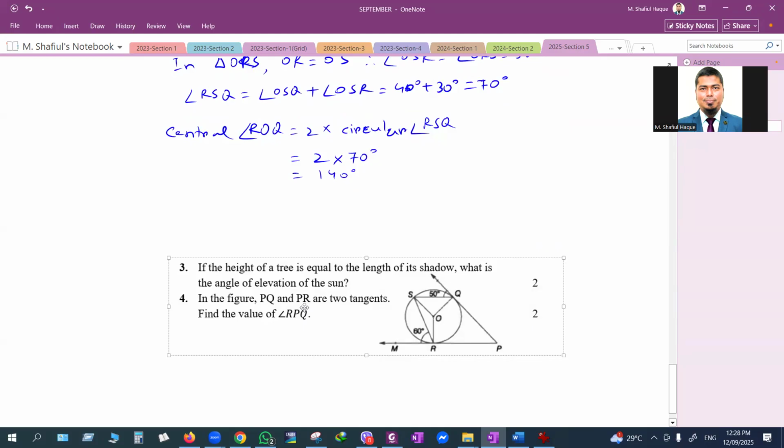We need to find out RPQ, and there you can see that ORPQ is a quadrilateral.